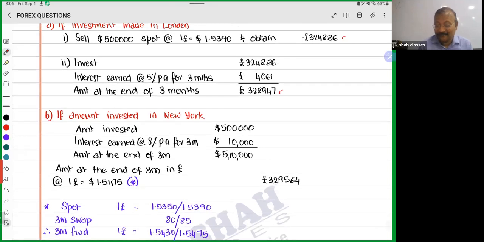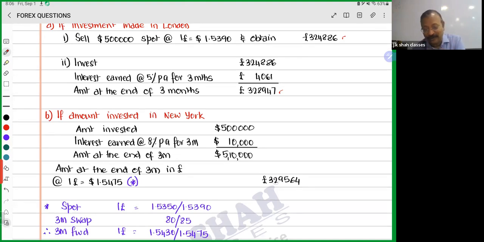Here are 329,564. Look, if the amount is invested in New York, you already have dollars, so you don't need to convert. You will use the dollars invested in New York, earn interest at 8% per annum, which is $10,000. Amount at the end will be $510,000. And since you're going to make the comparison in pounds, you will convert this 510 back into pounds using the 3-month forward rate.